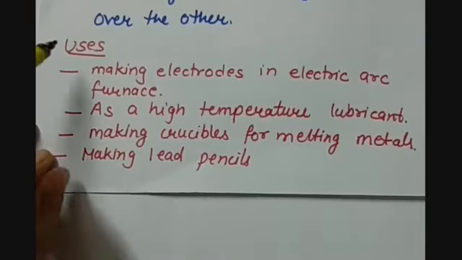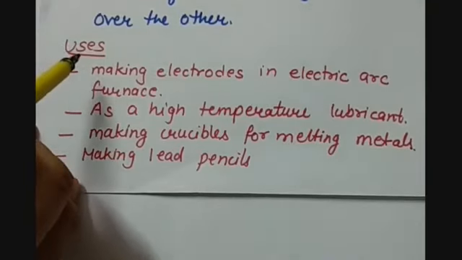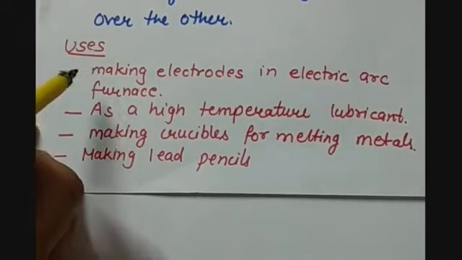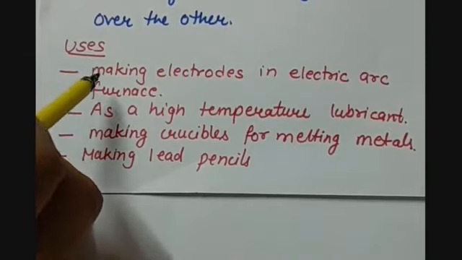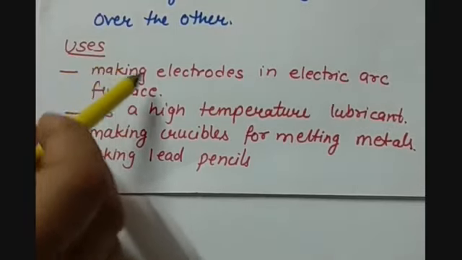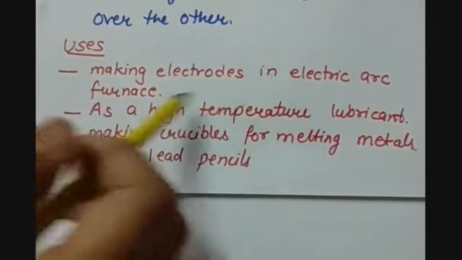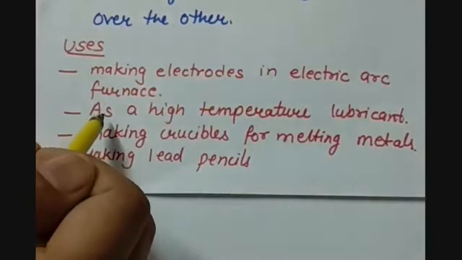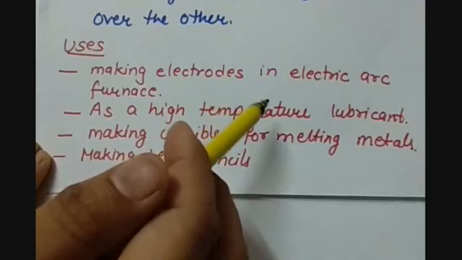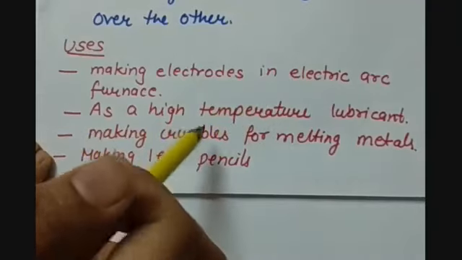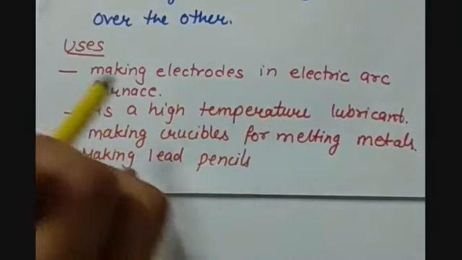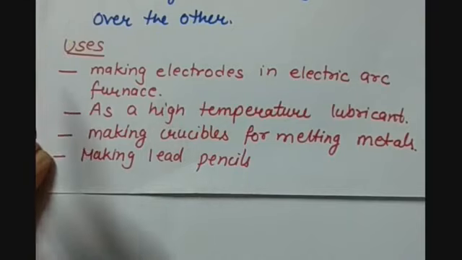Now let us see the uses of graphite. Graphite, as it is an electrically conductive non-metal, is used for making electrodes in electric arc furnaces, as a high temperature lubricant, and for making crucibles for melting metals, because it has a very high melting point.